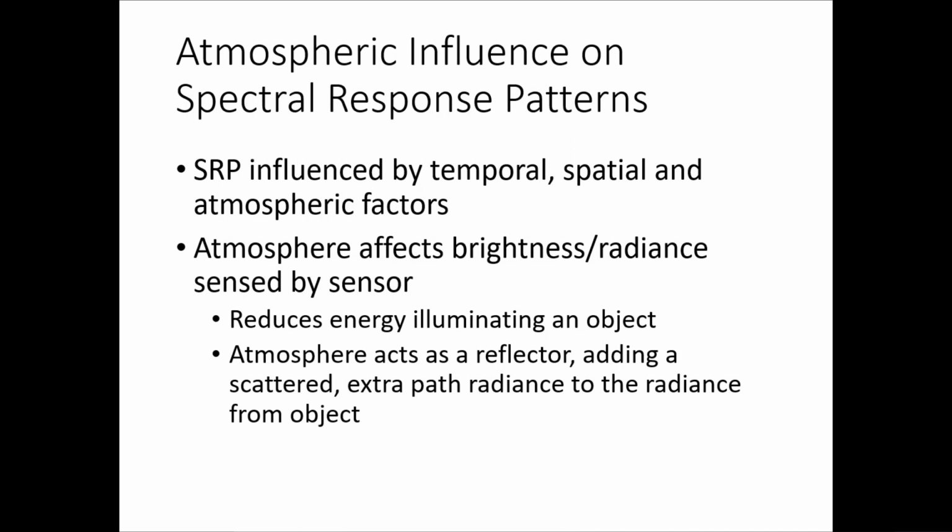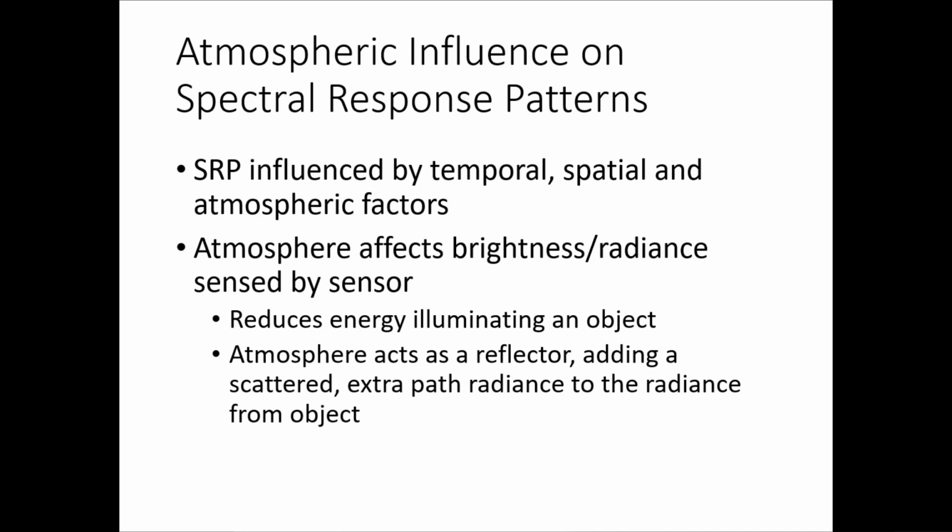In the first class, we saw how the electromagnetic radiation travels from the source to the earth feature through the atmosphere, how there are some interactions in the atmosphere, how it is reflected back from the feature, and how it again interacts while traveling through the atmosphere, and is finally sensed by the sensor, right? So there is a chance of reduced energy available for illuminating an object. Why? Because there can be some absorption and some scattering.